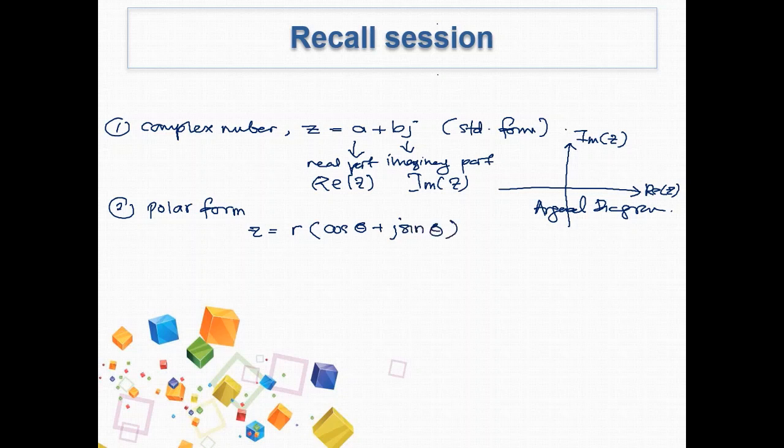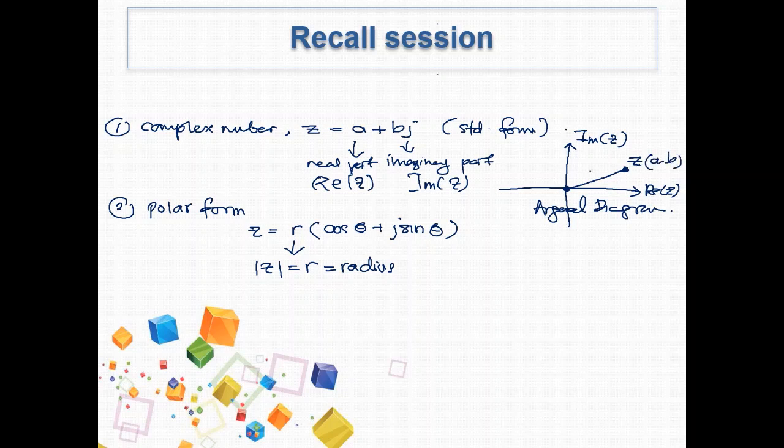Here you need to find your r, where r is the modulus of your Z, or the radius from the origin to the point Z, where Z is at point (a, b).